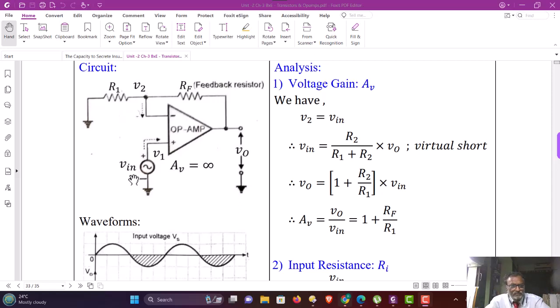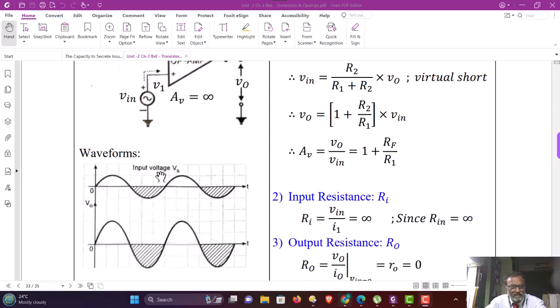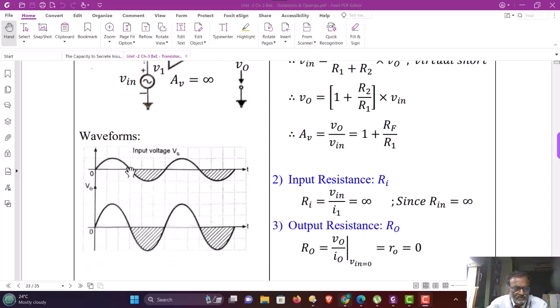Okay. So when input voltage is applied sinusoidally, let us see during the positive half cycle, since it is a non-inverting amplifier, the output is also increasing sinusoidally in the positive direction. When the input decreases in the negative half cycle, in the negative direction, the output also decreases in the negative direction and constitutes the amplified version of the input negative half cycle.